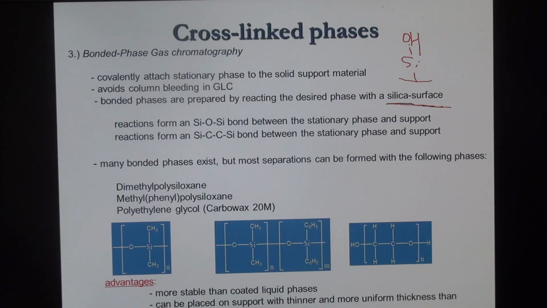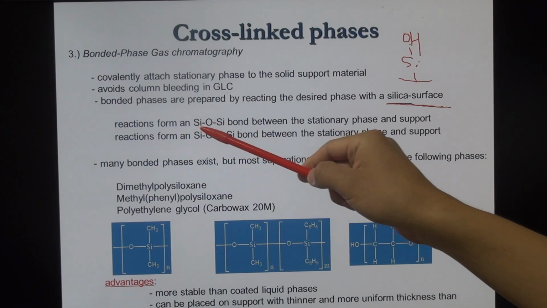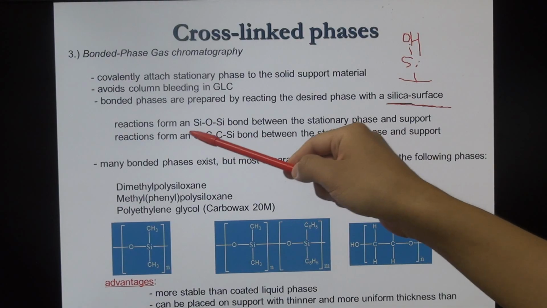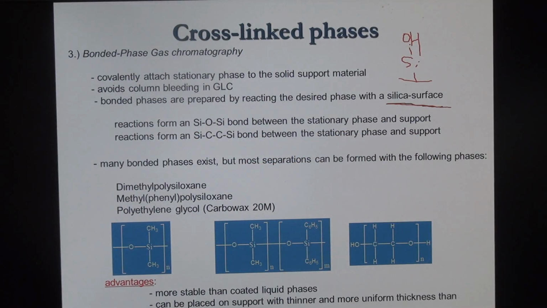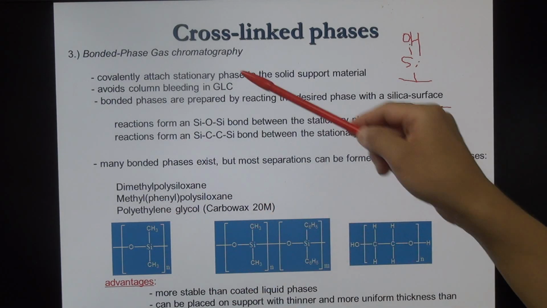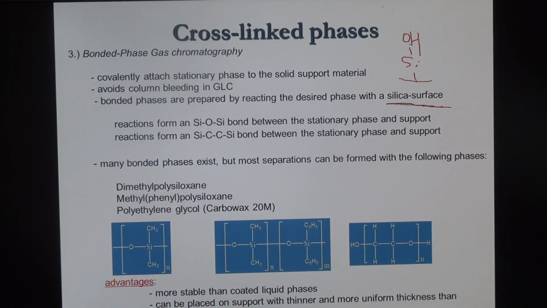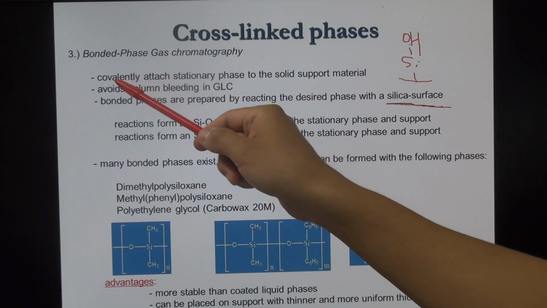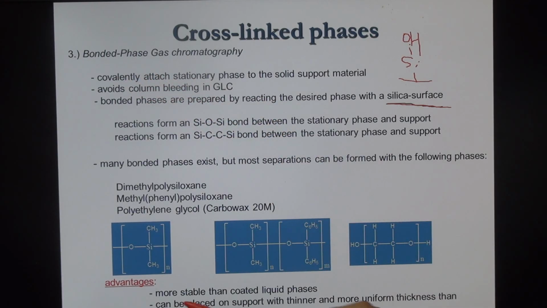So they can react with the desired phase by chemical reactions. Sometimes they form this kind of bond, SiO-Si bond, or SiC-Si bond, right? So many different phases, something like this, can be formed by this kind of covalent chemical reaction with solid support. So since they are covalently attached, they are much more stable than the liquid coated on solid support.